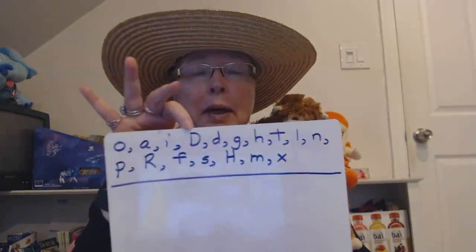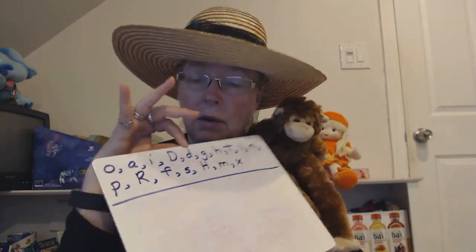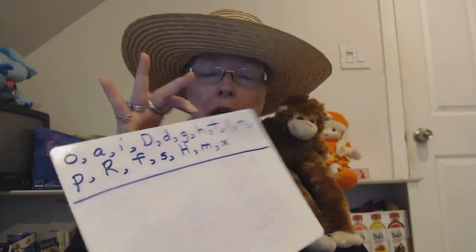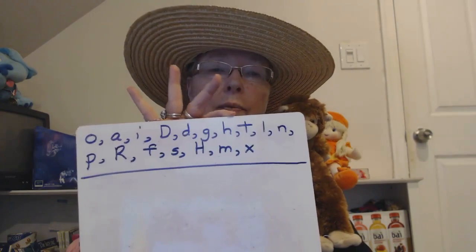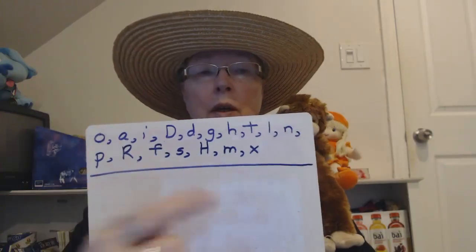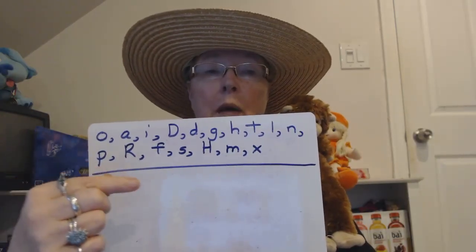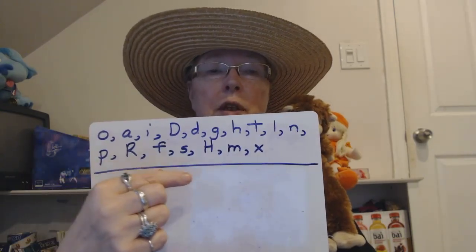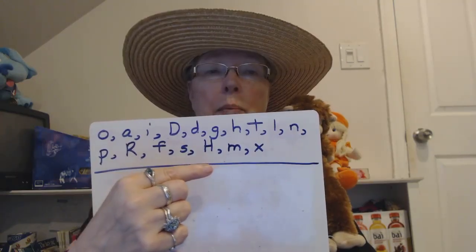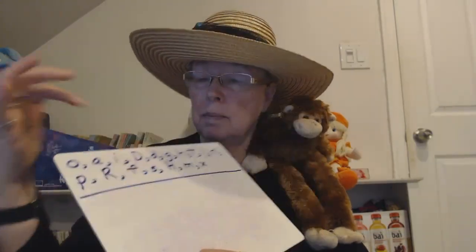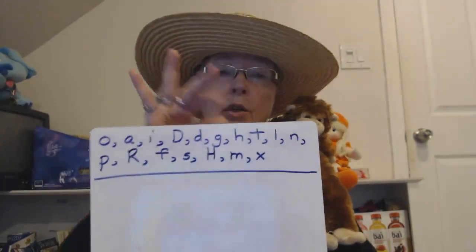We got an uppercase D, D, and a lowercase d. We have a G, G, an H, a T, T, an L, N, N, P, P, uppercase R, R, F, S, S, uppercase H, and then this matches over here with a lowercase h.